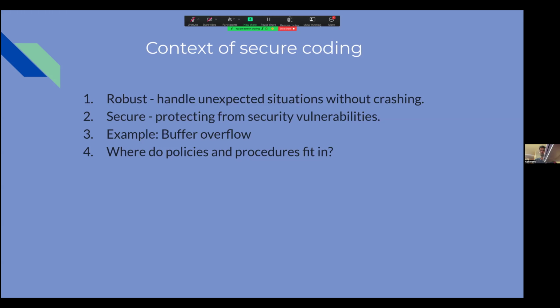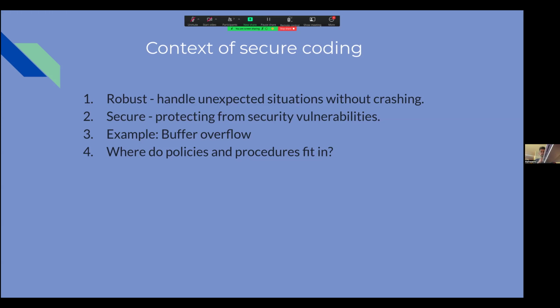Here, robustness means, as I said earlier, handling unexpected situations. Going back to the restaurant scenario, a procedure basically means if there is a mistake in an order, you should always ask the customer for clarification before proceeding. Again, it's very straightforward to relate this to the application and to the SDLC in general, right?